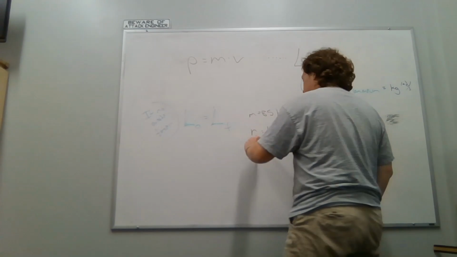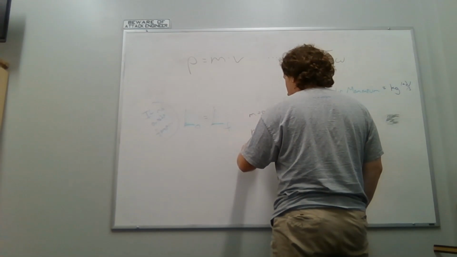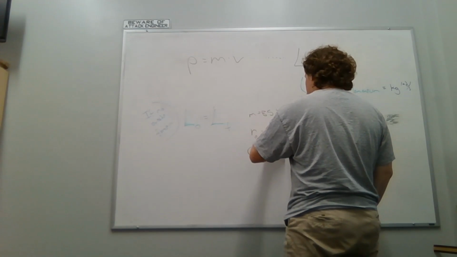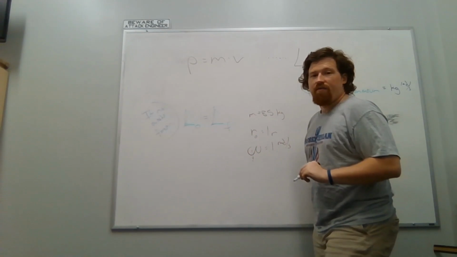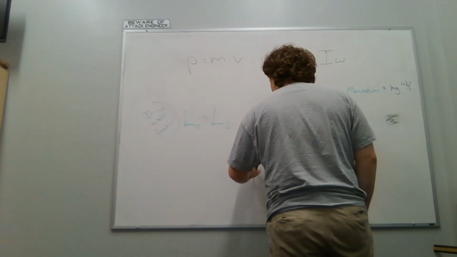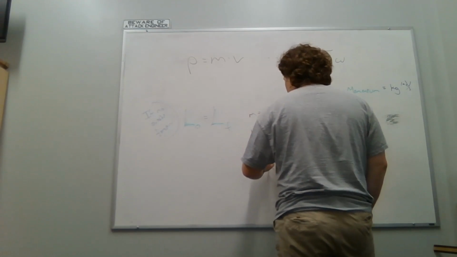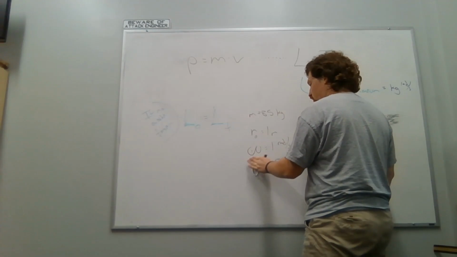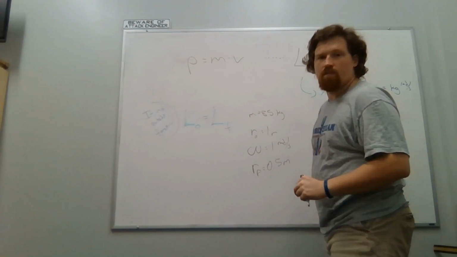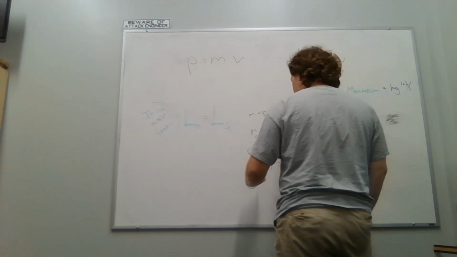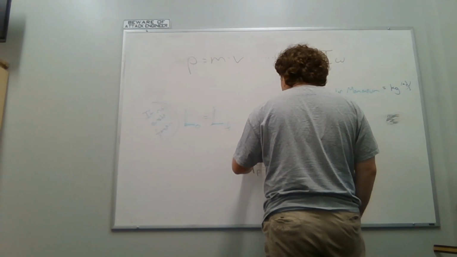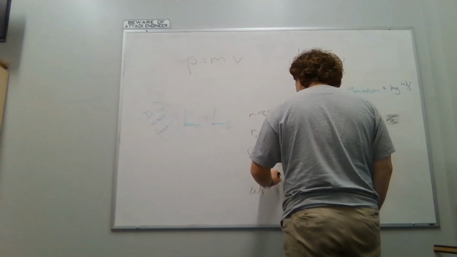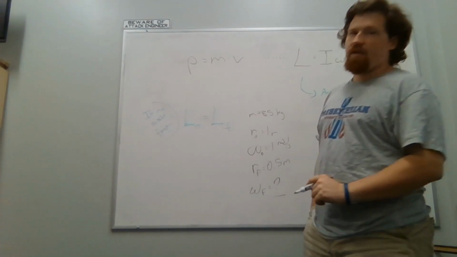And they are rotating, so their initial angular velocity is 1 radian per second. Eventually they're going to pull in their arms, so you're going to have a final radius of 0.5 meter. And we want to find the final angular velocity.